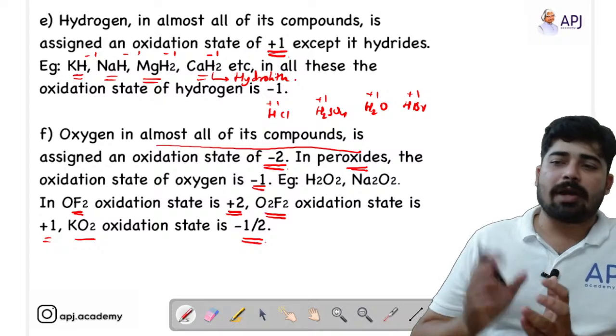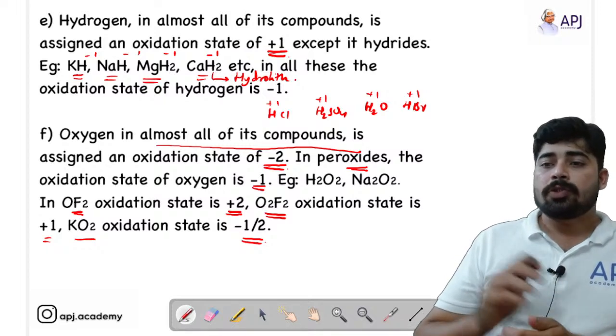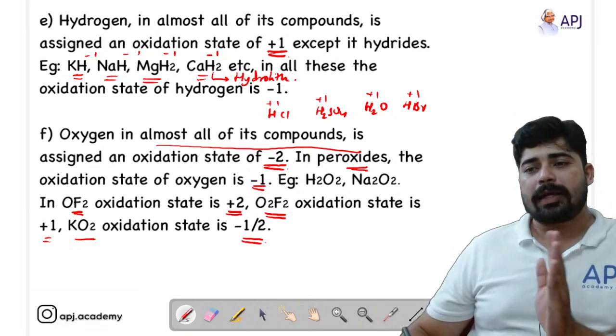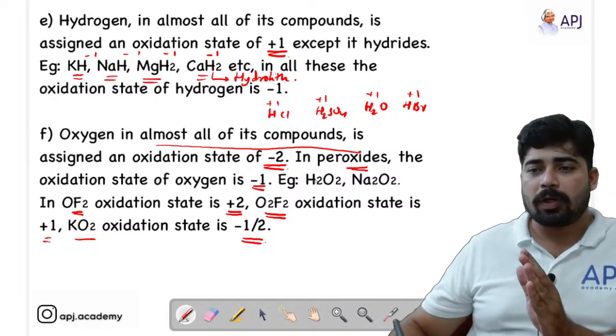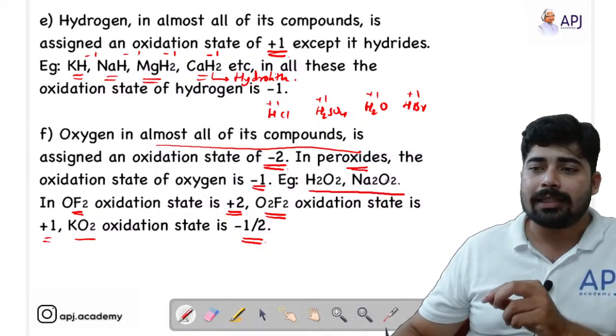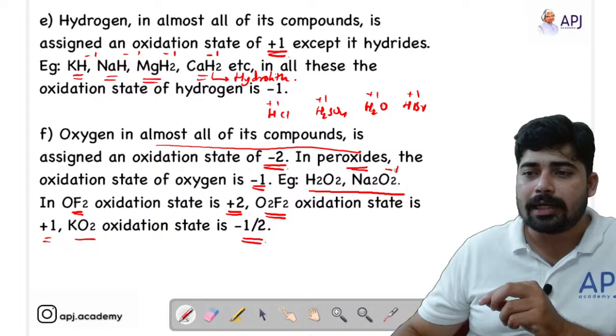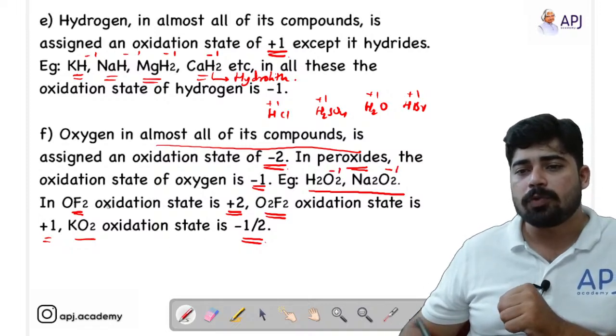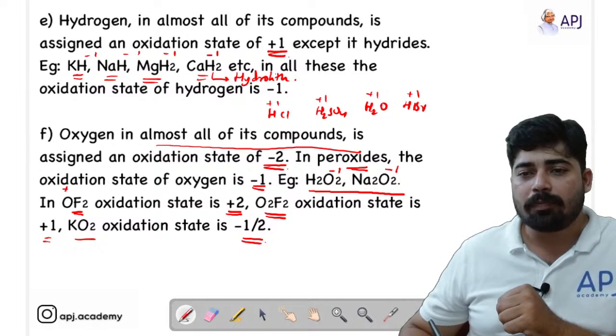So dear students, you have to study all these values. The oxidation state of oxygen in general is -2. But in the case of peroxides, meaning H2O2, Na2O2, etc., the oxidation state of oxygen is taken as -1. In the case of OF2, the oxidation state of oxygen is +2.